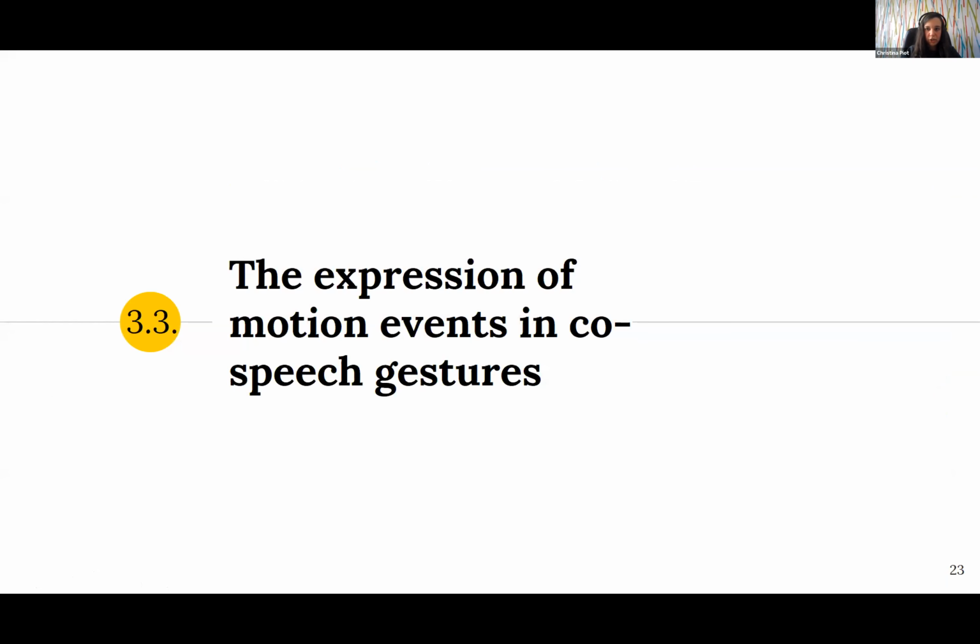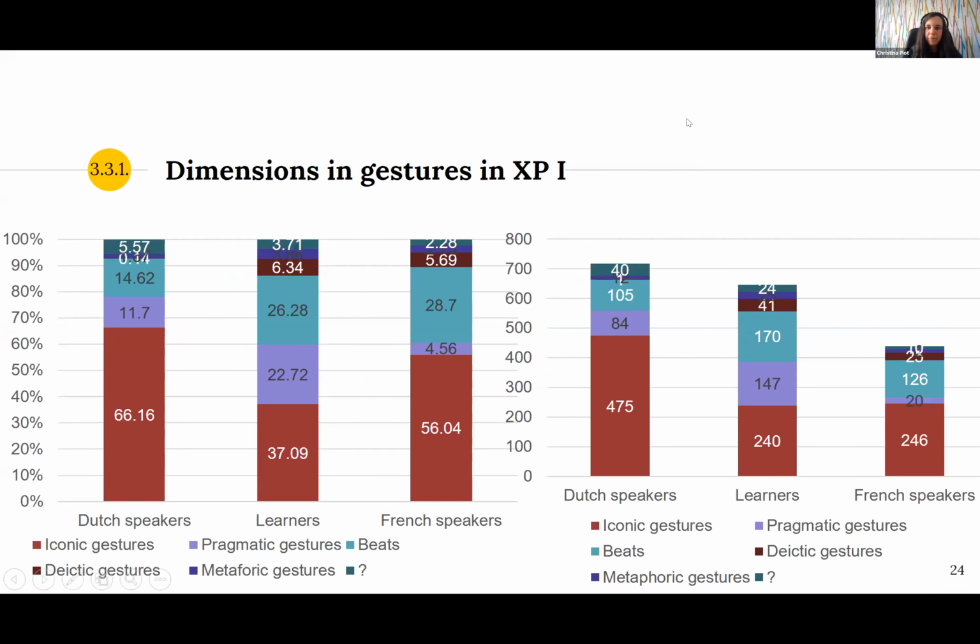So what about gestures? In the first experiments, we see that native speakers produce iconic gestures more often than learners.